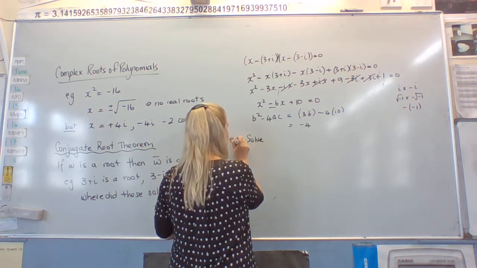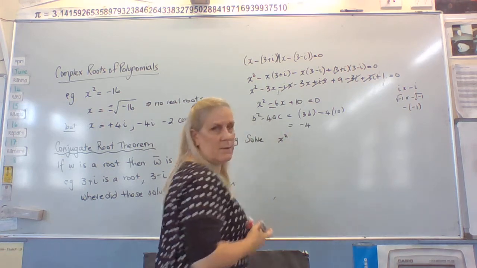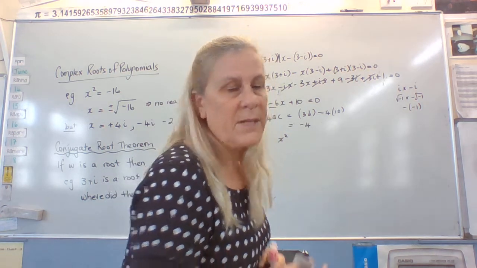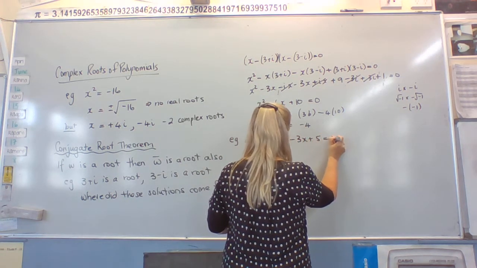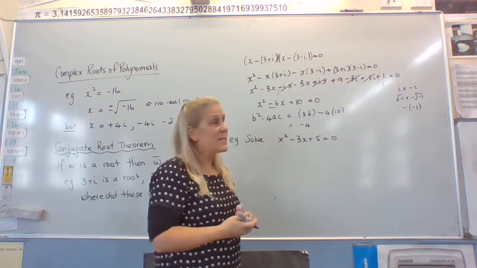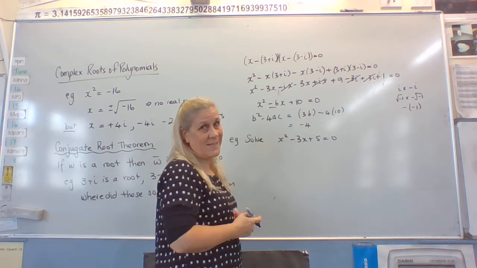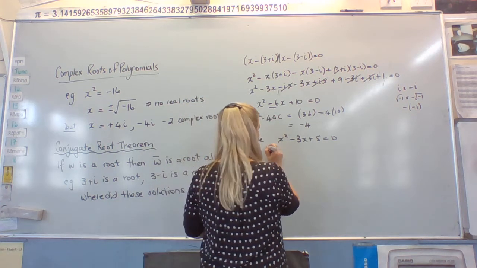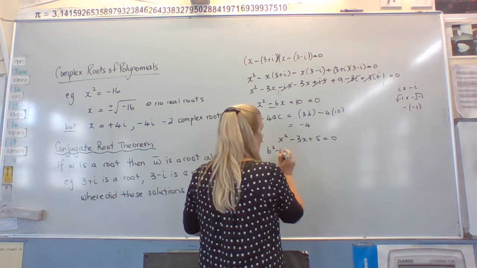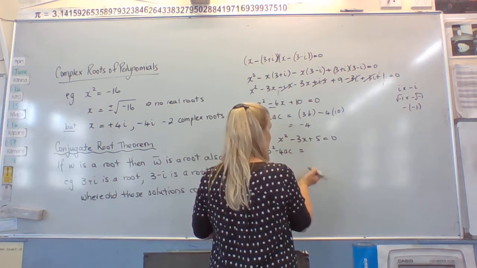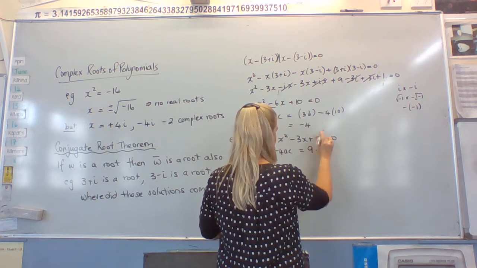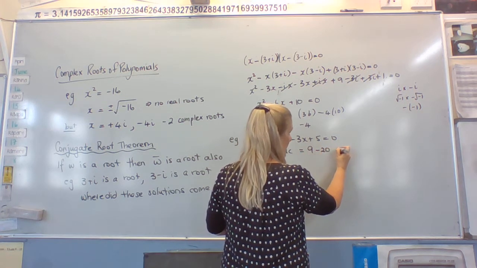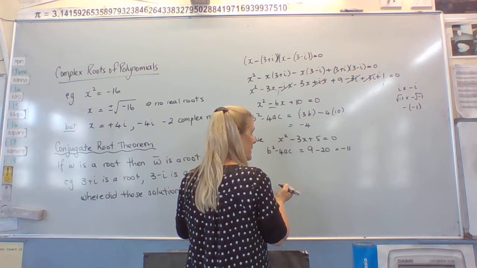If we were going to go the other way round, solve x squared minus 3x plus 5 equals 0. The easiest way to do this is to find out what b squared minus 4ac is first. So b squared minus 4ac equals 9 minus 20 equals negative 11.